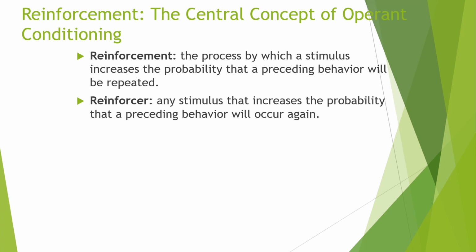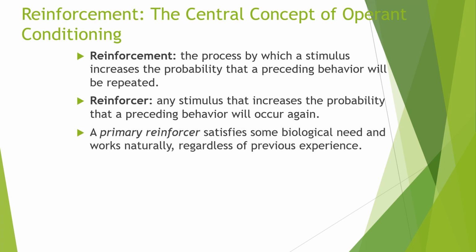We have a difference between primary and secondary reinforcers. A primary reinforcer satisfies some sort of biological need that you need for survival, and it works naturally regardless of previous experience. A good example of a primary reinforcer is food.